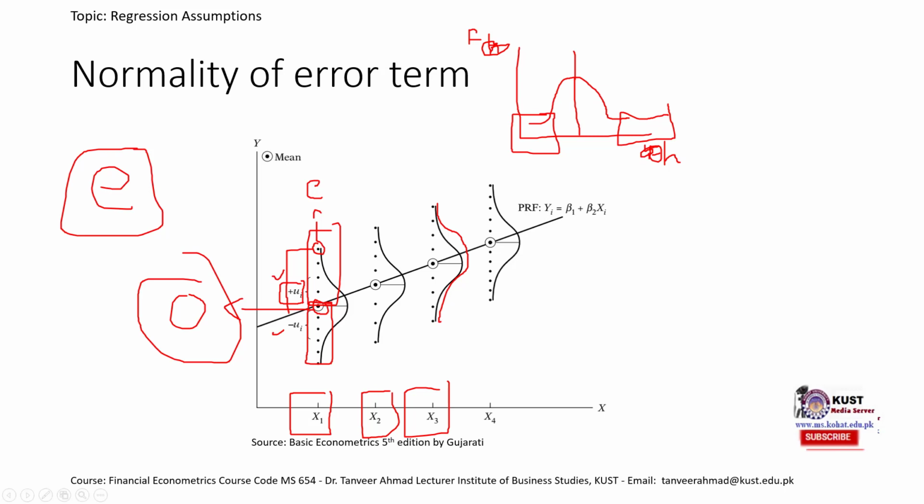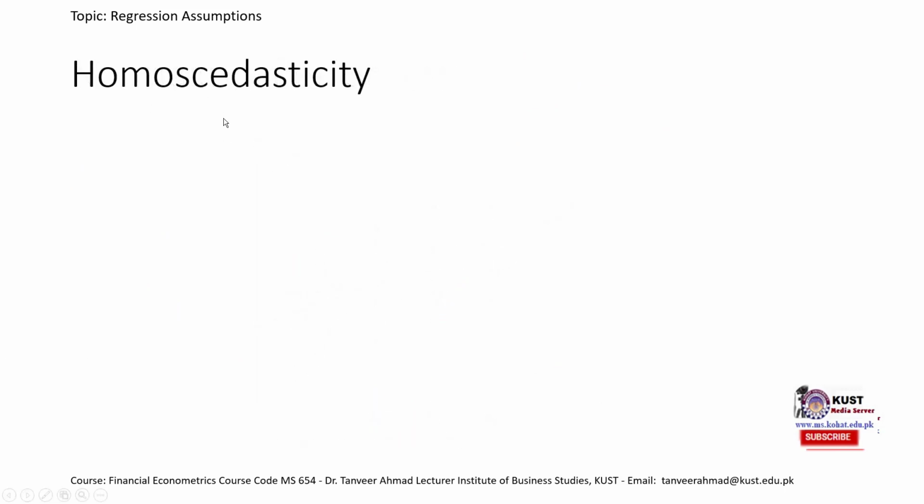So moving on to our next assumption, which is homoscedasticity, also called the constant variance assumption. Let's divide this term and we would be better able to understand it then. Scedasticity basically means the variance or the dispersion.